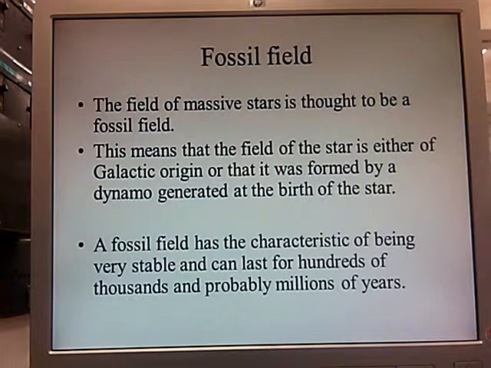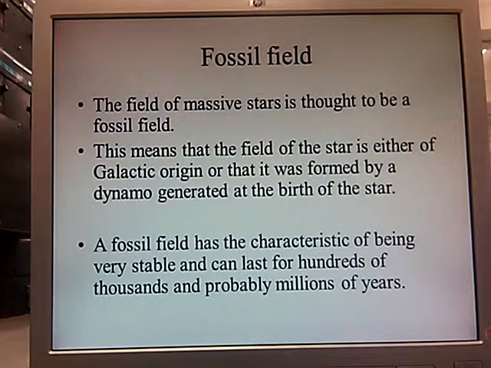Now also, it is worth noting that some stars really have a fossil field rather than a dynamo generated field, and that would suggest either that it's left over from an earlier phase of the star's life when there was a dynamo and it then got flux frozen, or there is in fact a known magnetic field for a galaxy as a whole, and so if you form some stars in that, well, you're being permeated by the galactic magnetic field, you can go ahead and trap those field lines and let them close and form a magnetic field for your star.